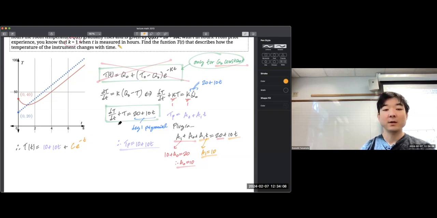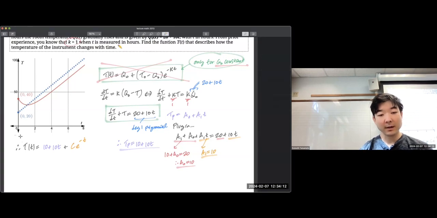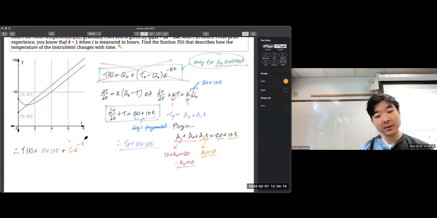K is just 1, so that's going to be negative t, and that's our homogeneous solution. And this is our particular solution. So this is our general solution.